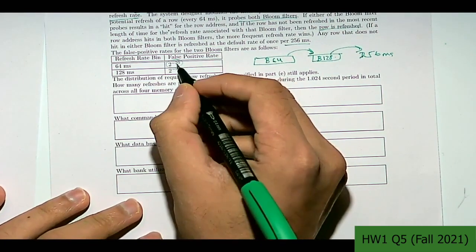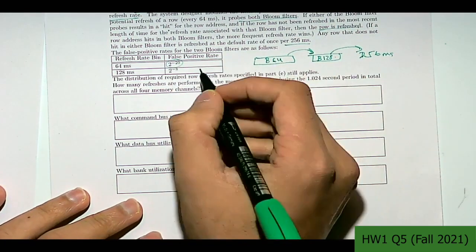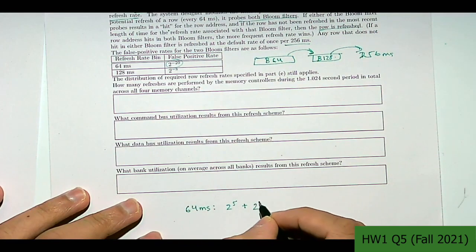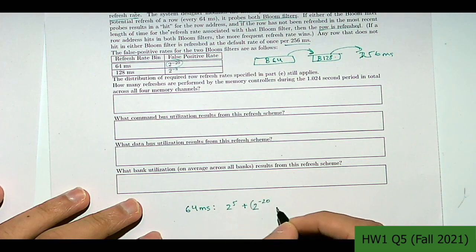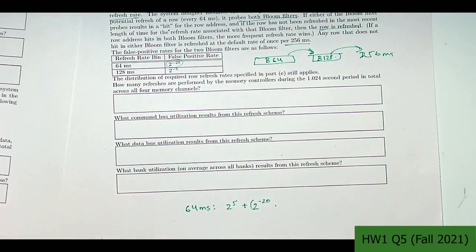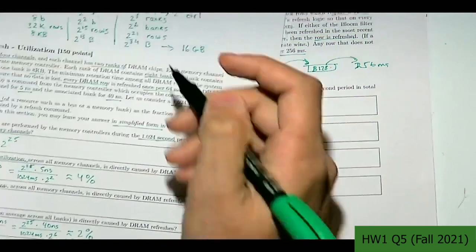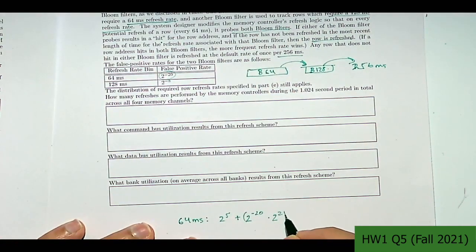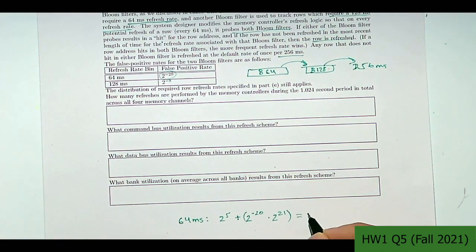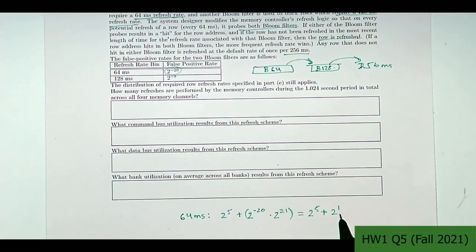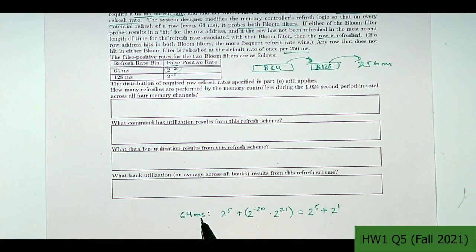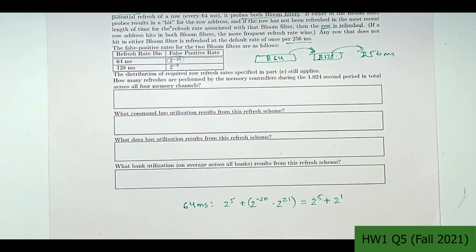So the probability that an address will become a false positive is 2 to the minus 20. So we have 2 to the minus 20 times the total number of rows in the system, and the total number of rows is 2 to the 21. So that is actually just 2 to the 5 plus 2 to the 1. And this is the number of rows that'll end up having 64 millisecond refresh because of the false positive rate.